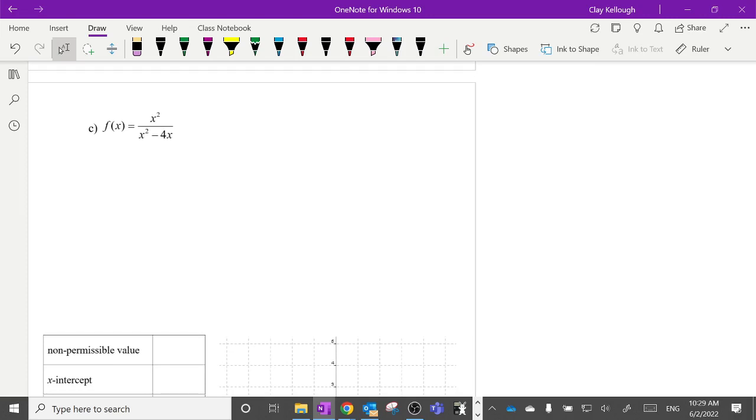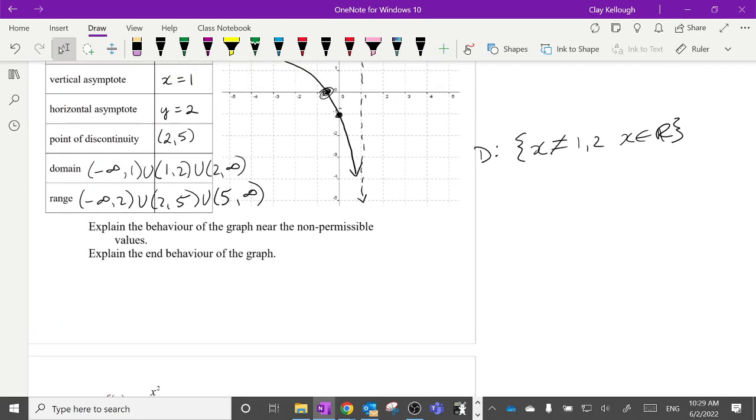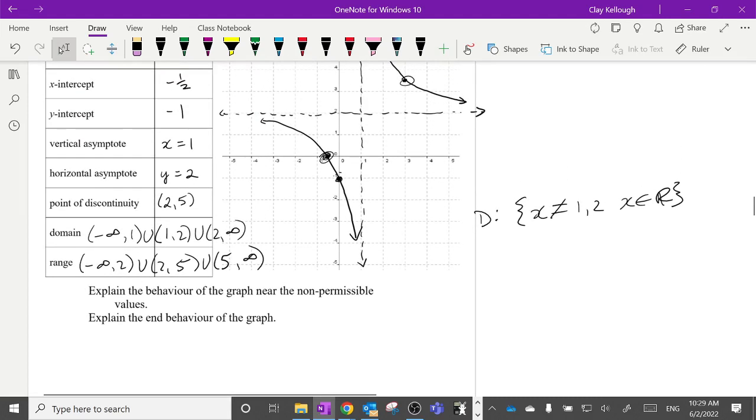All right, check out C. What are we going to do with that guy? Oh, right. So explain the behavior of the graph near the non-permissible values. Okay, well, they don't give me a whole lot of room to do this. I'll do it down here.